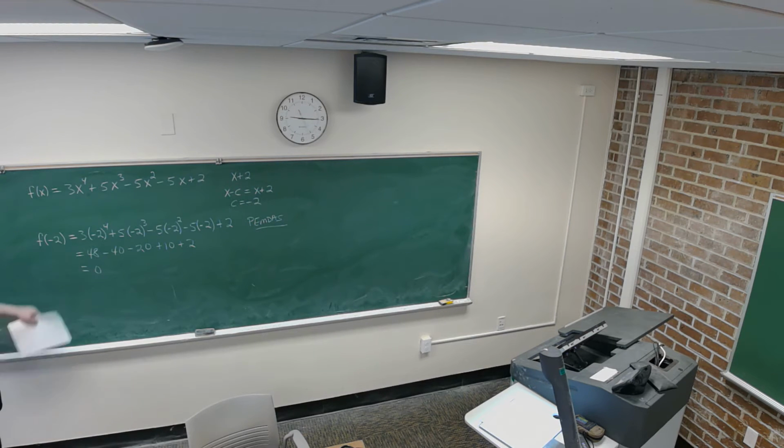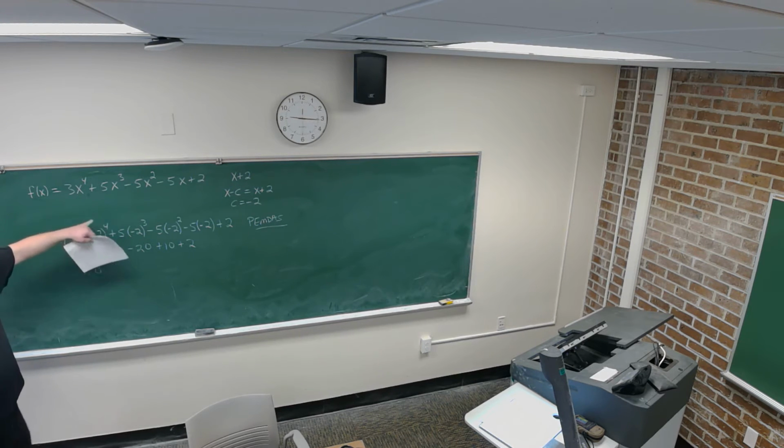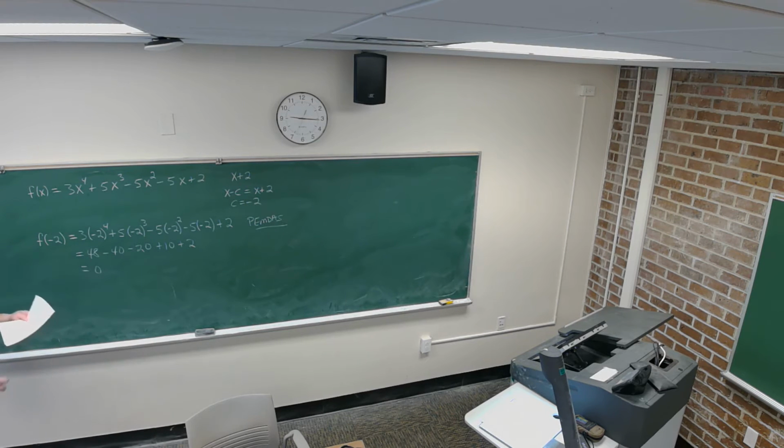So that means x equals minus 2 is a 0 of this polynomial function, and x plus 2 is a factor of this polynomial function.